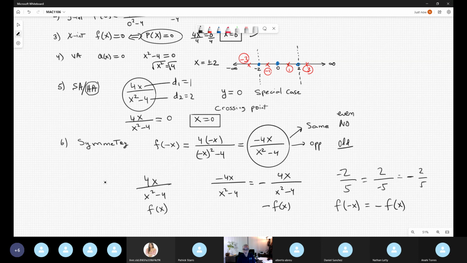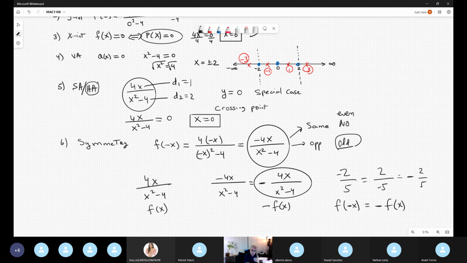That magically happens: the negative inside the parentheses goes outside the parentheses. This is the condition for odd. You replace x with negative x and magically I put the negative outside. Do you see or no? Yes. Okay, cool.